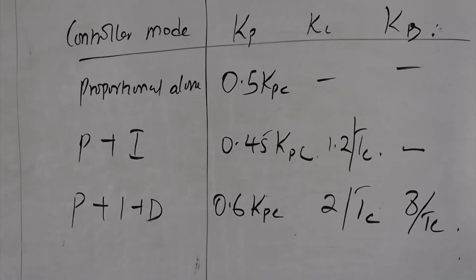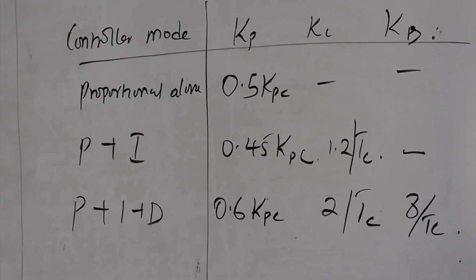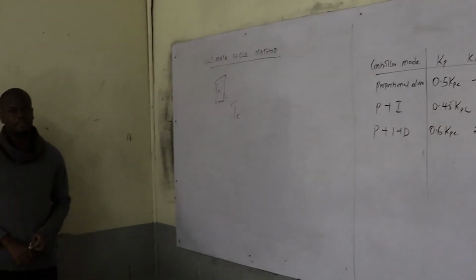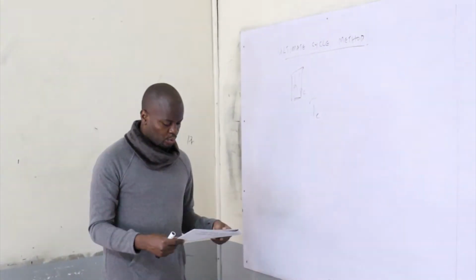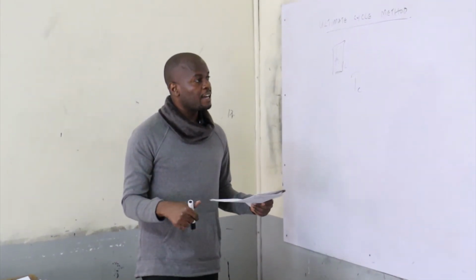How you are going to obtain the values of the various constants as far as the ultimate cycle method is concerned. So the same presentation for both the ultimate cycle method and the process reaction curve method can still be given indifferently, because we know in one case we will be using time, and in another case we can be using the frequency, and in that case you can always make a reference.